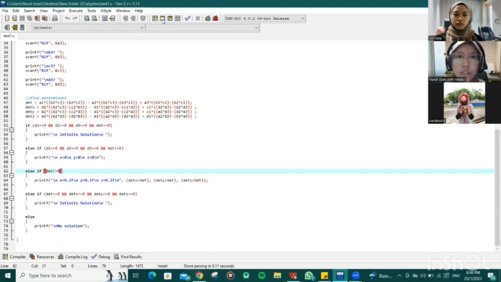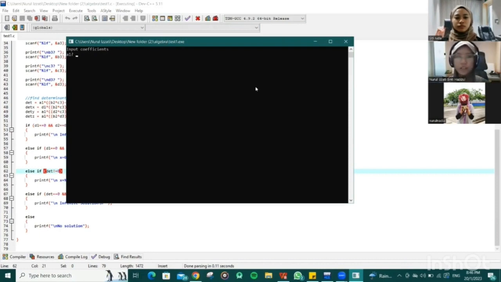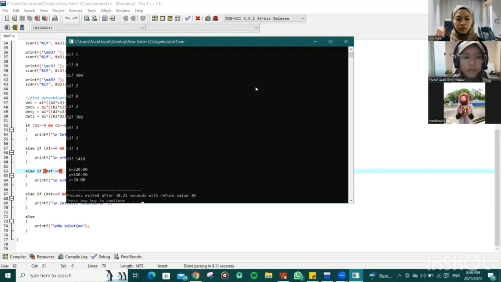So we will show you the display input. First, it asks for the input coefficient A1, so put all the coefficients here.